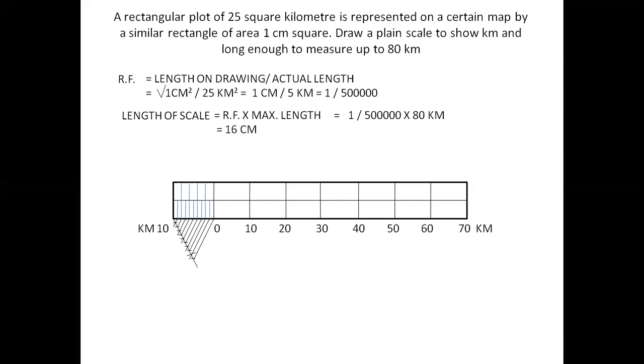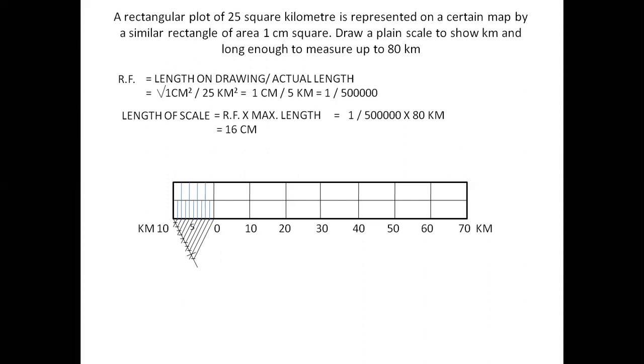Now we have to write 1, 2, 3, 4, 5, 6, all numbers here. But it is not very easy or readable, as we know the space is very less in between 0 to 10. So instead of writing all numbers, if we write 1, 2 or 3 numbers, it is sufficient.